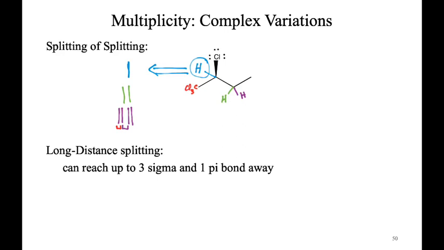A doublet of doublets is one signal. Two doublets is two signals. A doublet of doublets is one signal that's split multiple times. Two doublets is two signals that each split into doublets.